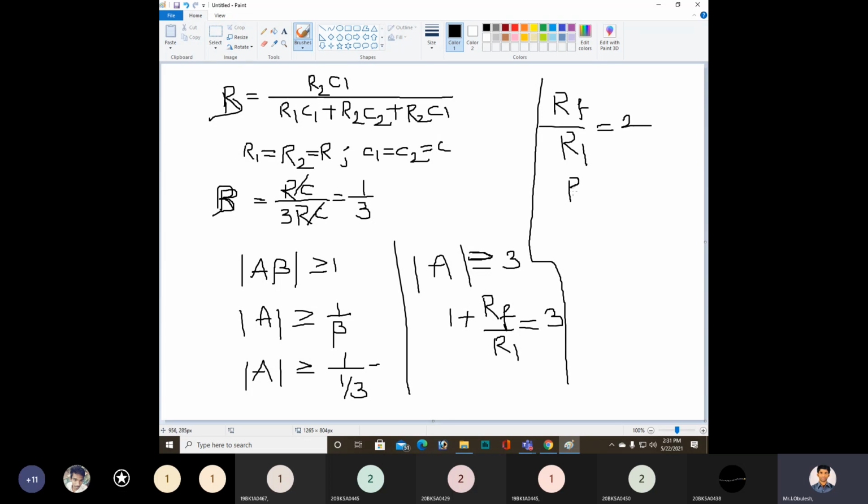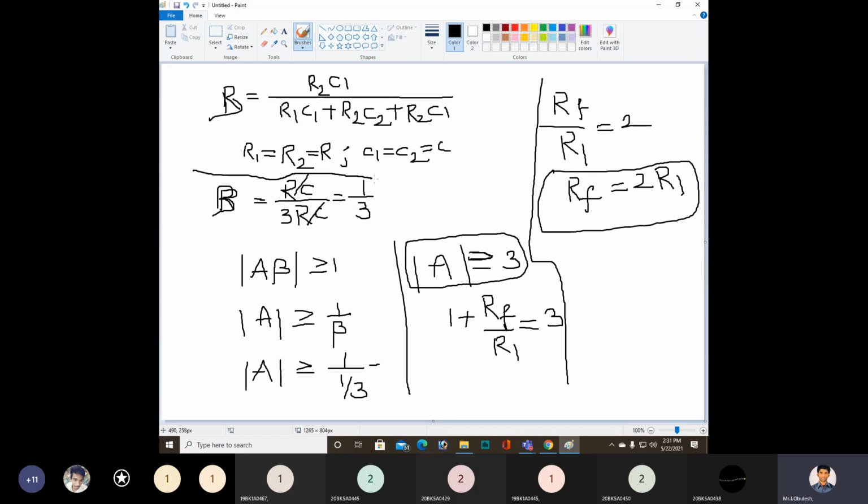RF is equal to 2R1. See, here we are finding this A value, beta value, RF value, F0 value. All are found with the help of the analysis of the Wien Bridge oscillator.